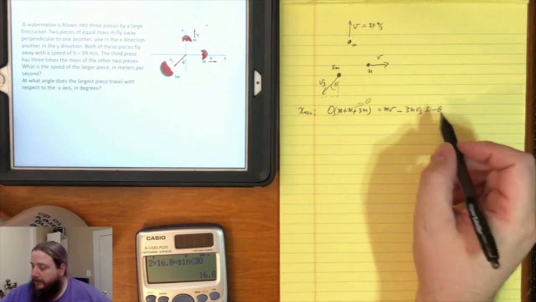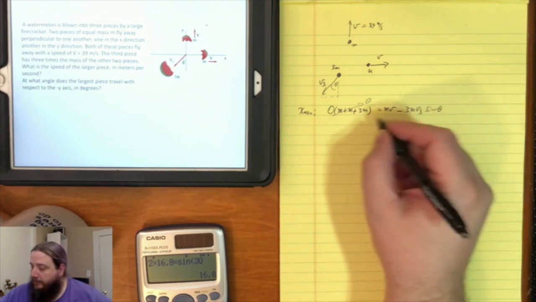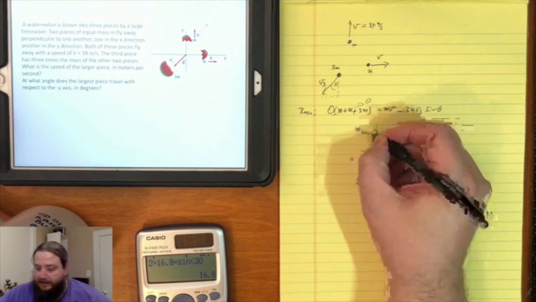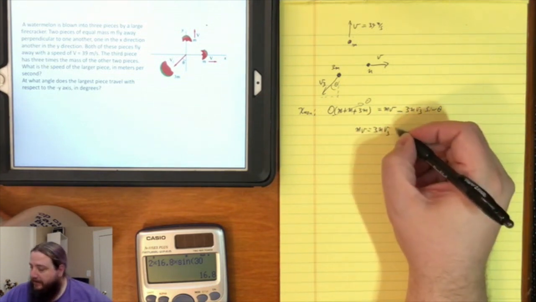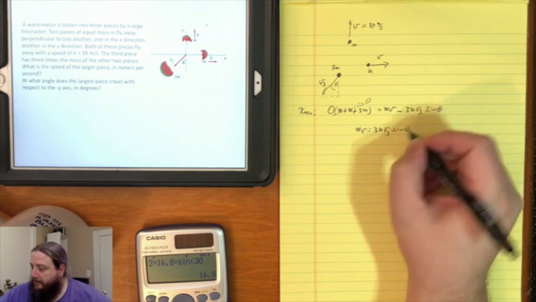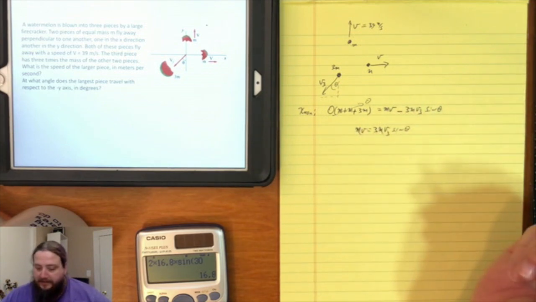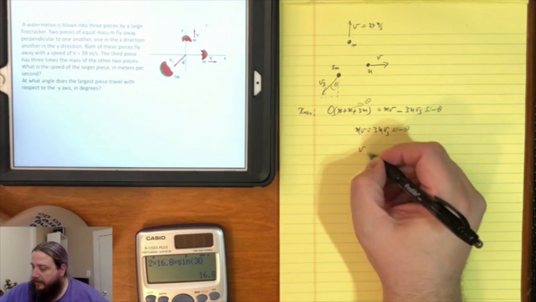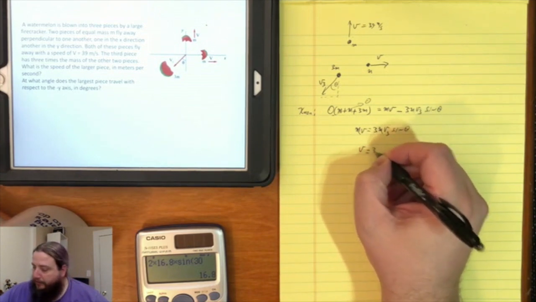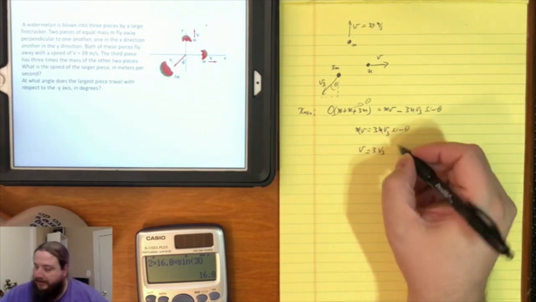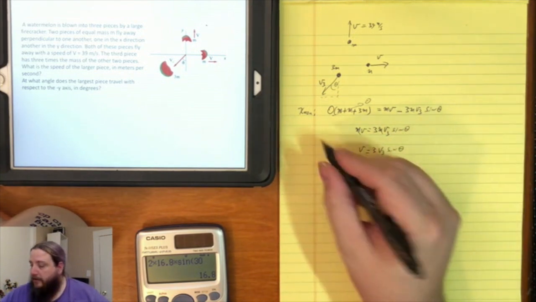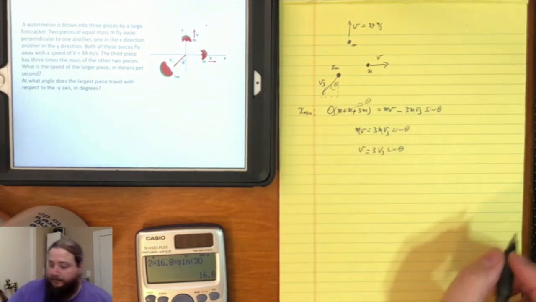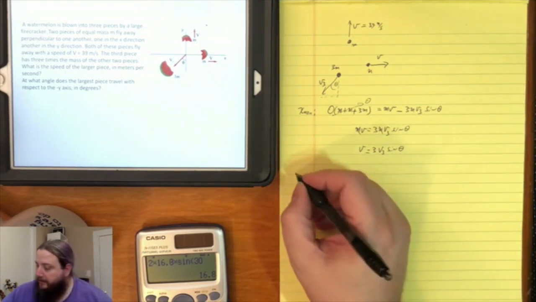And so we can equate these two, so mv must be 3m v3 sine theta, and the masses cancel, and v must be equal to 3 v3 sine theta. So the horizontal momentum conservation has led us there.